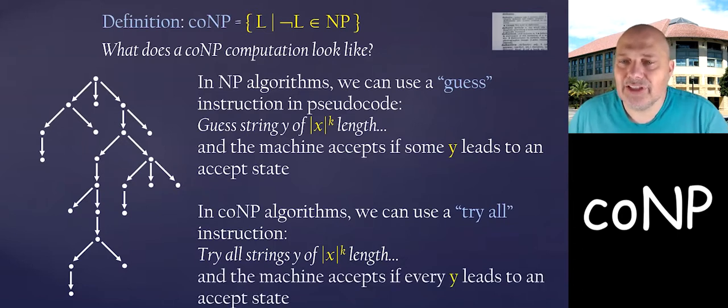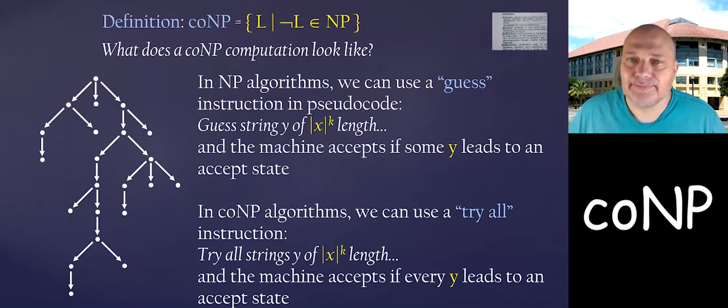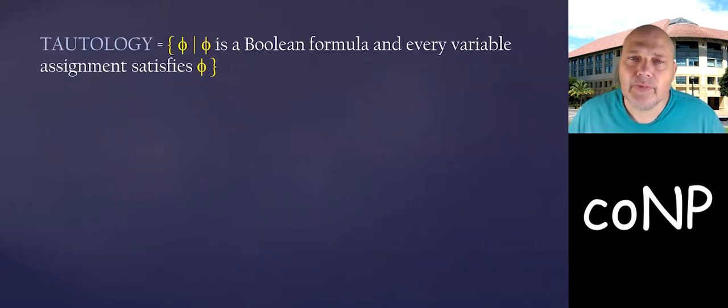The machine accepts if every y leads to an accept state, which is just the same as a reject state. So this is a way I want you to be able to think about co-NP. It is for all rather than exists. But we can always fall back to just looking at the complement of a language and checking that it is in NP.